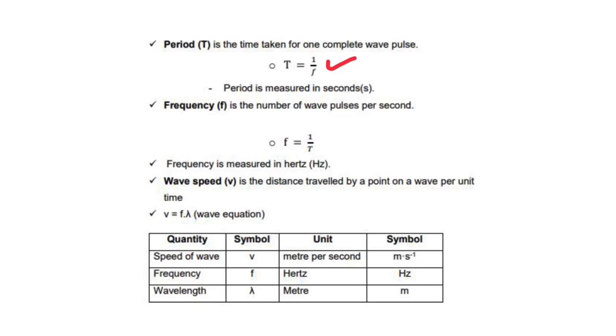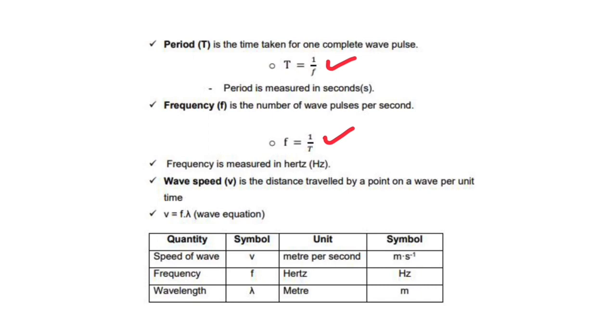And then frequency is the number of wave pulses per second. It is denoted by f, where the frequency is equal to 1 divided by the period. So if you have the frequency, you can find the period. And if you have the period, you can find the frequency. The SI unit for frequency is hertz.